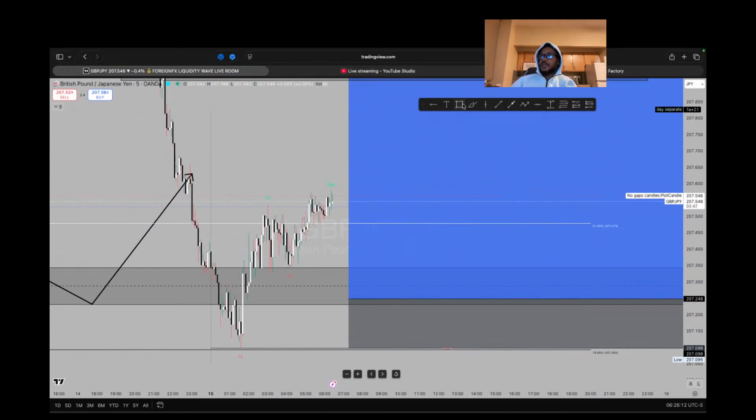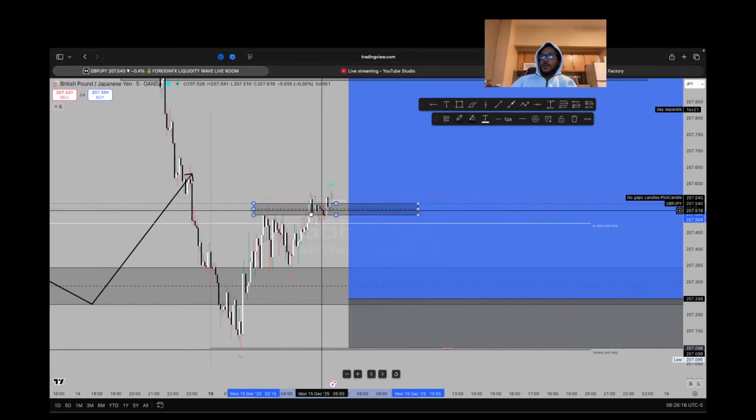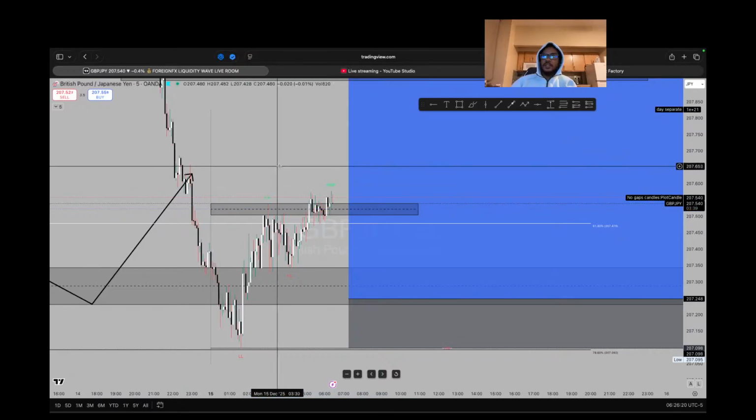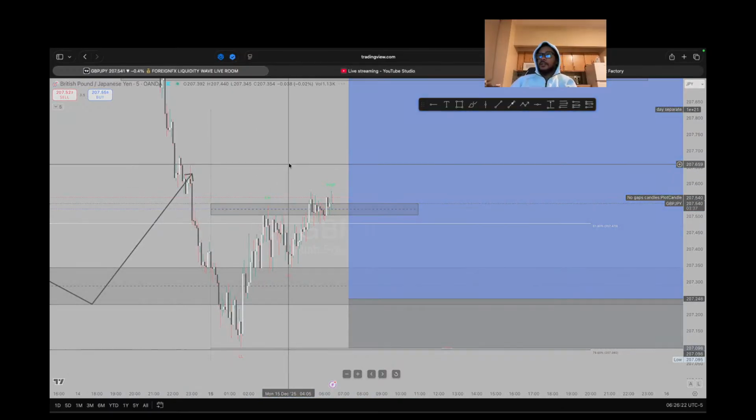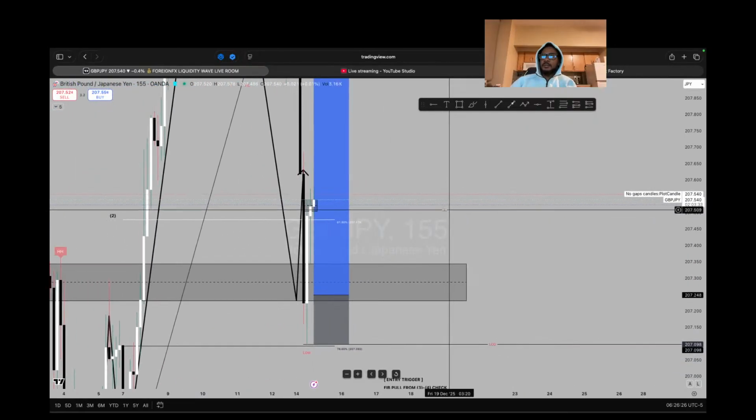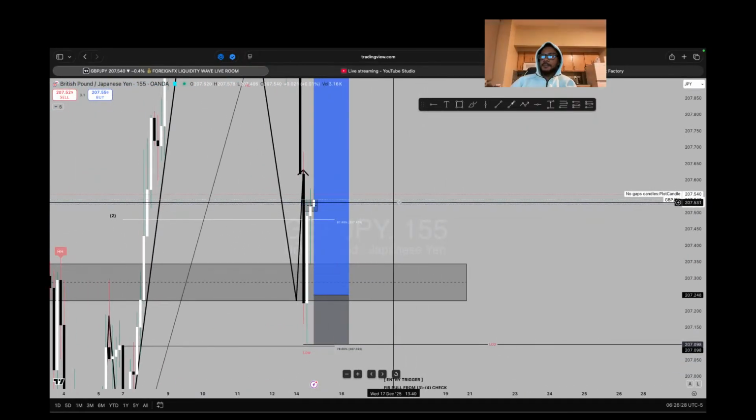So even if we're looking at the five, we did an internal breakout structure on the 5. On the 15, we haven't done the break as of yet.